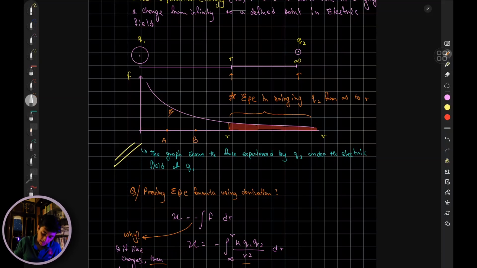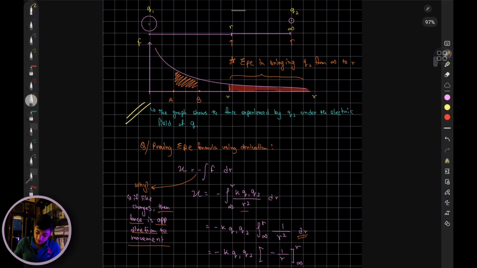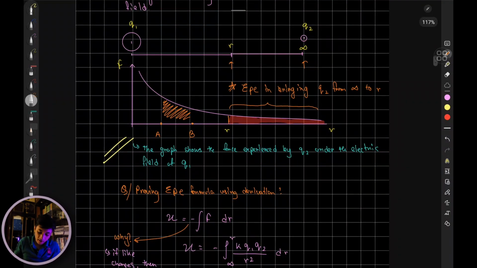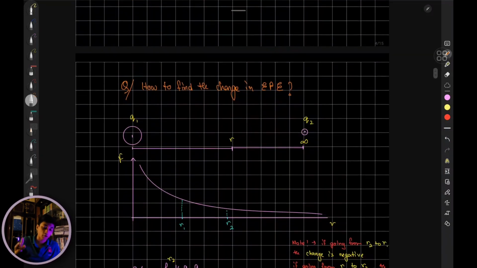How do you do that? Just like before, you introduce bounds. In the previous case it was infinity and r, because we were talking in terms of from infinity to r. Right now it's going to be from any position a to any position b, or the other way around. All right, so let's derive the formula for change in electric potential energy.